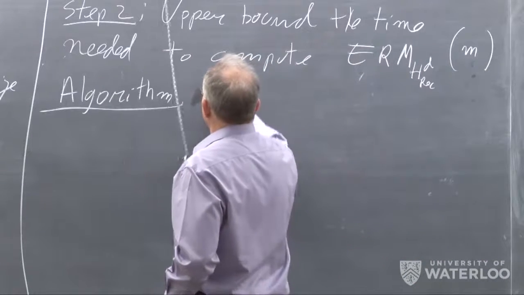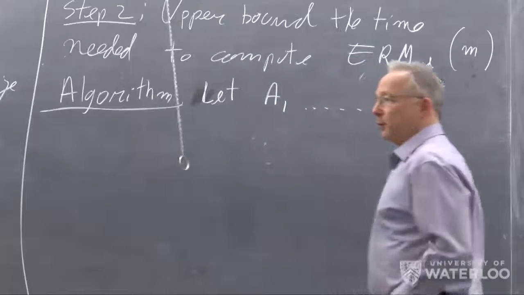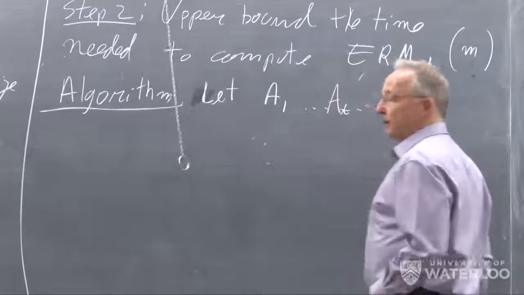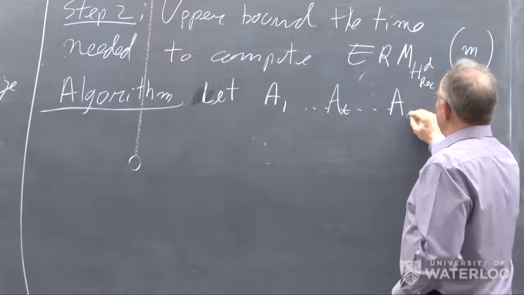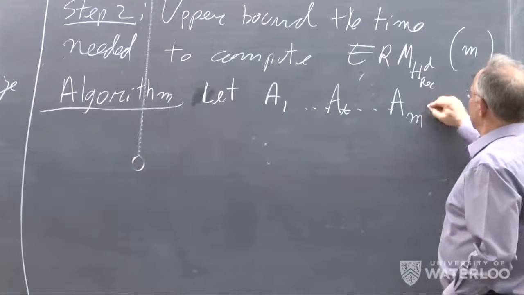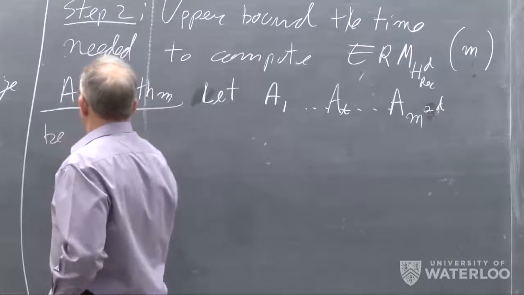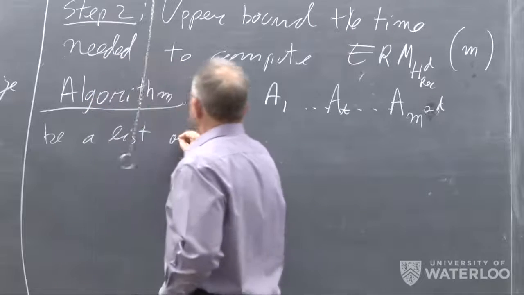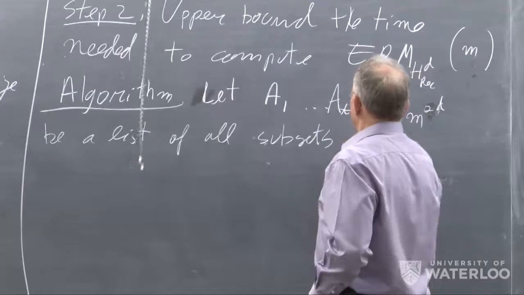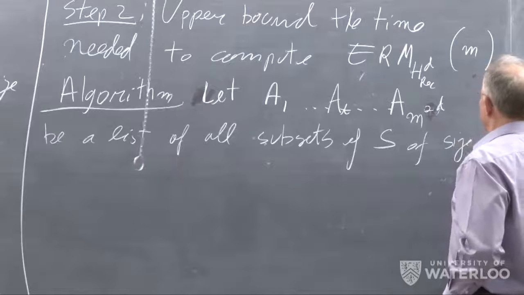Let A1 up to A_T, up to M to the power 2D, be a list of all subsets of S of size 2D.